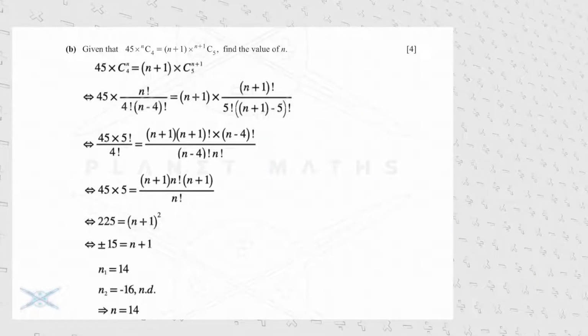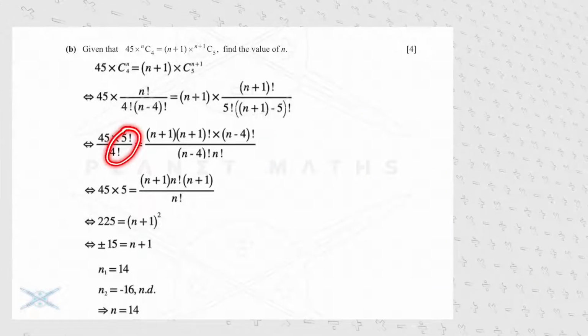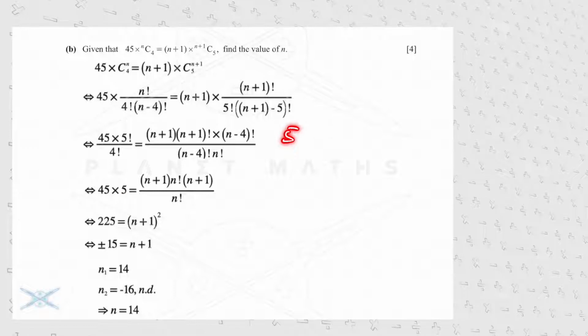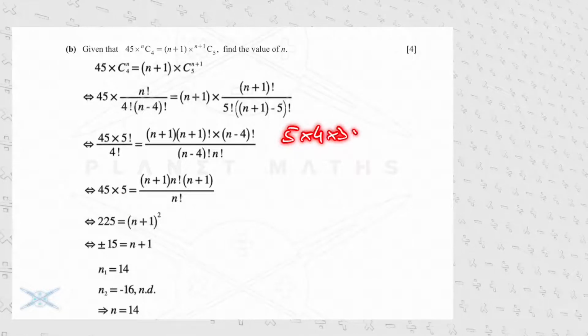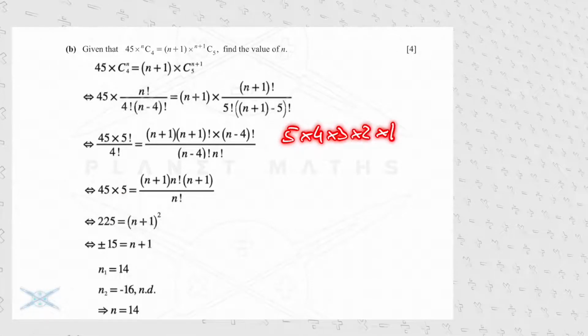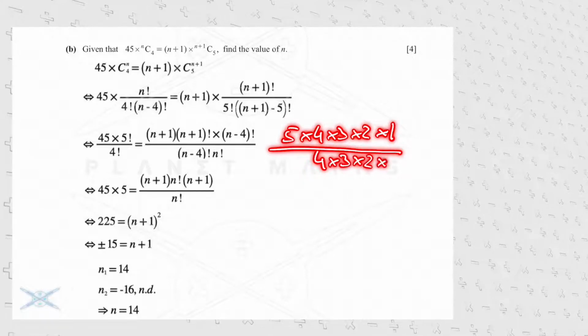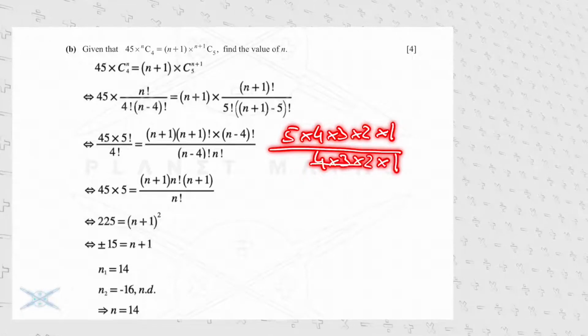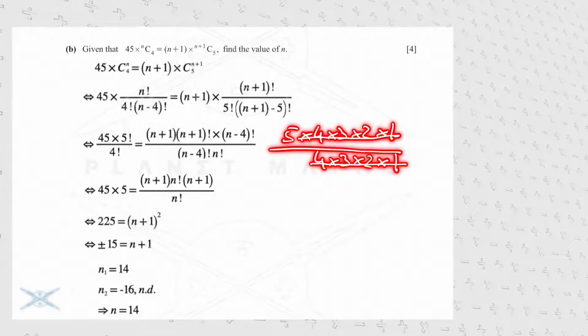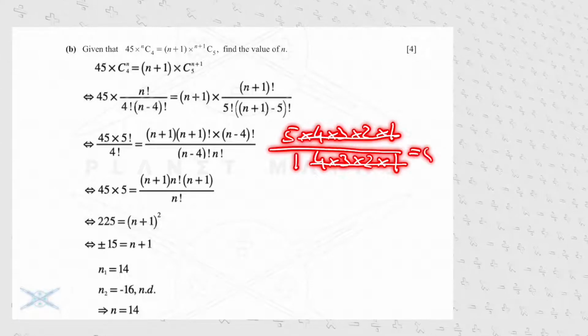Thereafter we simplify 5 factorial over 4 factorial, which delivers 5, since 5 multiplied by 4 multiplied by 3 multiplied by 2 multiplied by 1, divided by 4 multiplied by 3 multiplied by 2 multiplied by 1, after simplification delivers the expression 5 over 1, which is the same as 5.